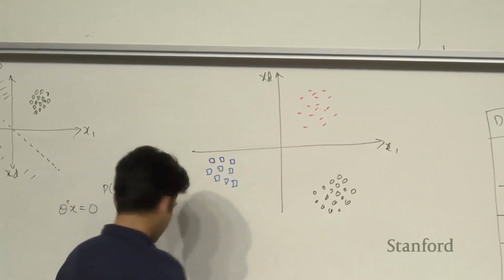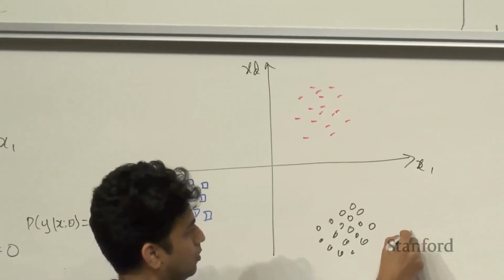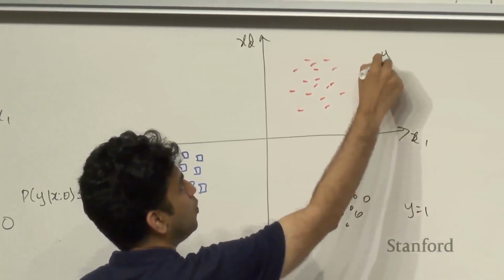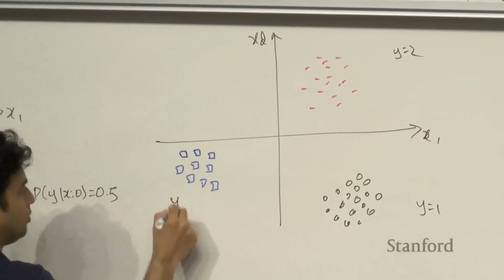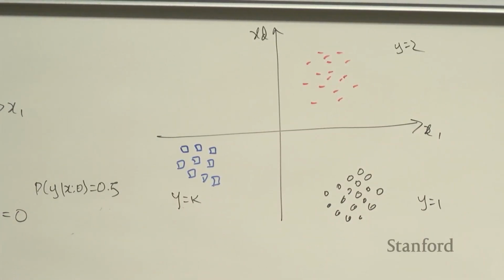Let's say these belong to y equals 1, y equals 2, and similarly up to y equals k. We have k different classes living in a d-dimensional input space, and we now want to build a multi-class classifier.